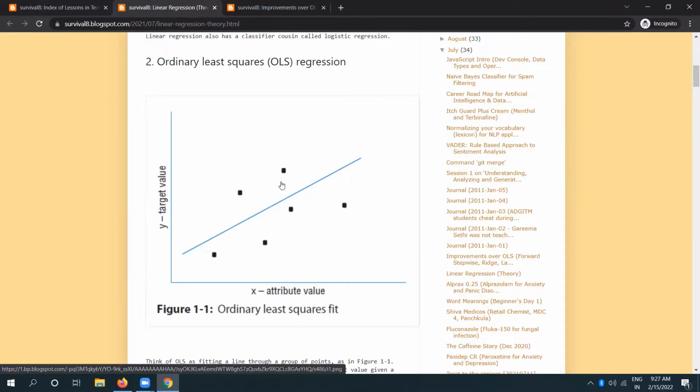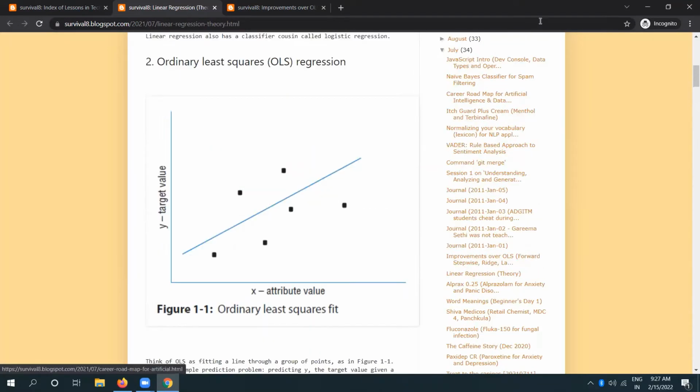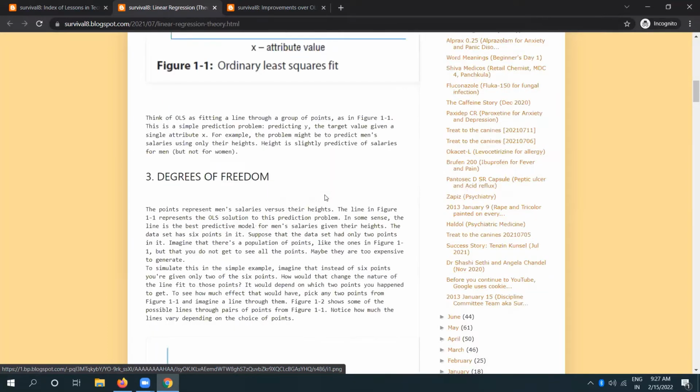The way to do it is that you draw a straight line to get an approximation of how y is related to x. Now, when you do that, you have the ordinary least squares regression algorithm, which is available in most packages like we discussed before: scikit-learn, SciPy, NumPy, Pandas, all of that.